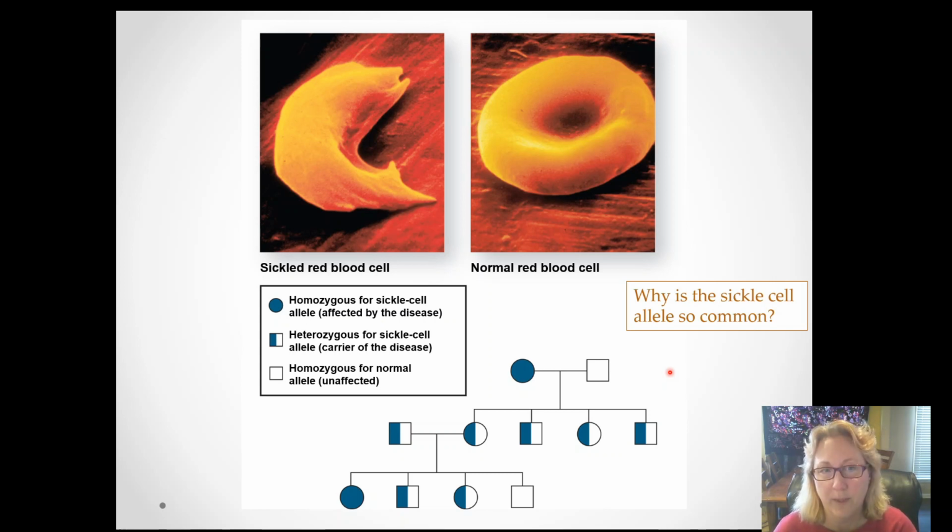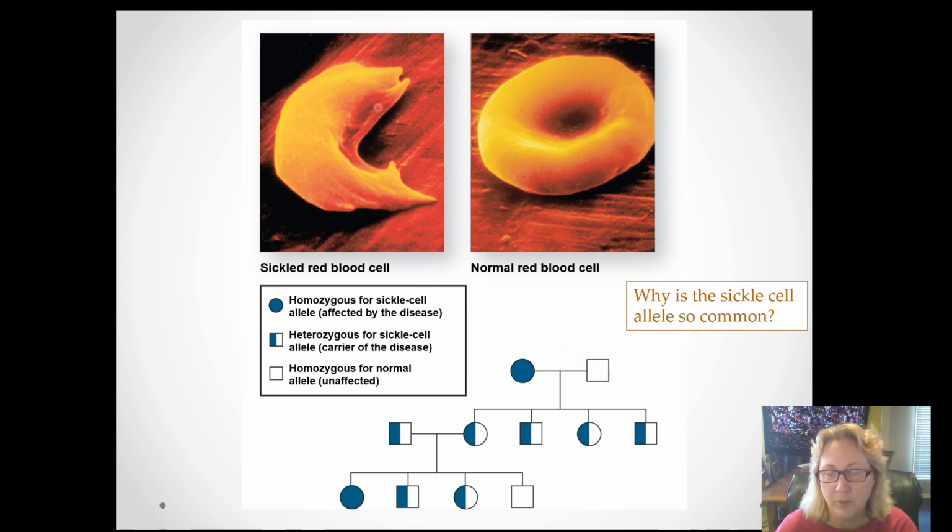And hydrophobic molecules stick together in a watery environment, like oil droplets sticking together in salad dressing. So the hydrophobic regions of the mutated beta globin attract each other and stick together into these long strands, and that's why you get the sickle shape of the red blood cells.